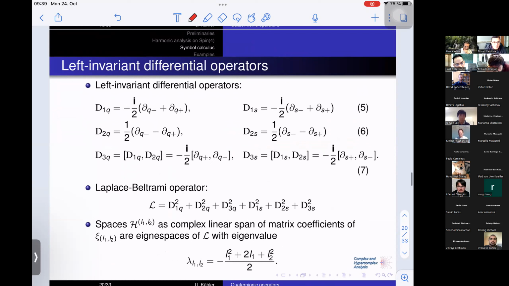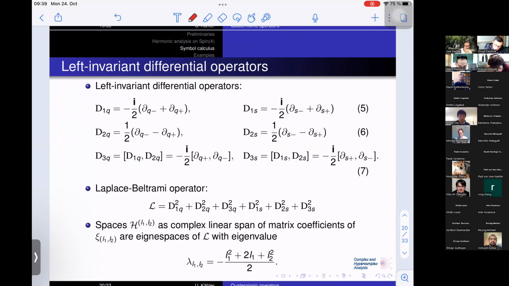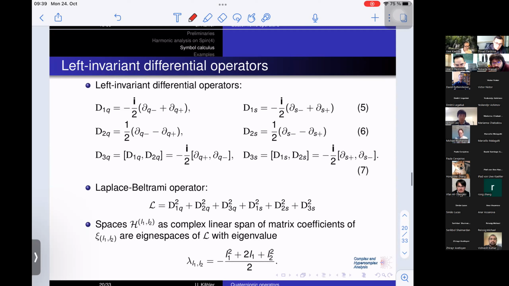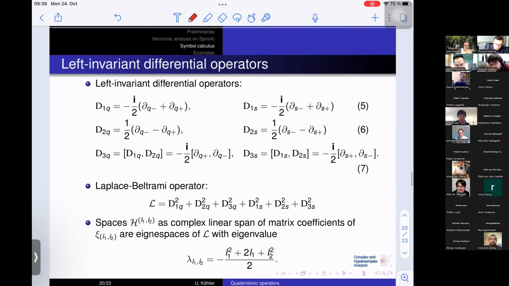And if you have them, it's easy to see that our H representation spaces are eigenspaces of the Laplace-Beltrami operator with these eigenvalues. Basically, you're summing up here. So that's how one can come up to them.